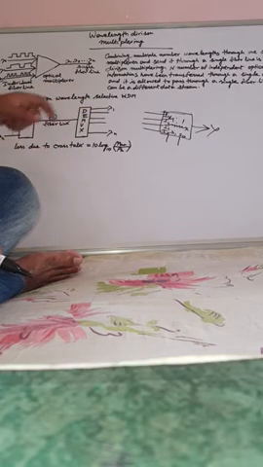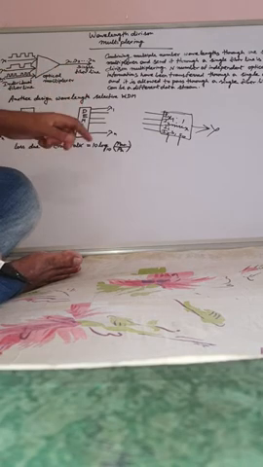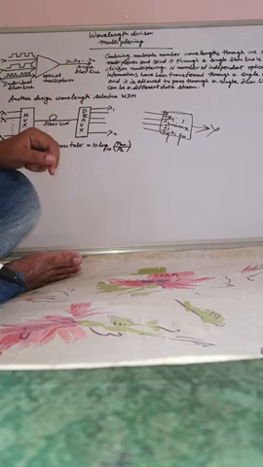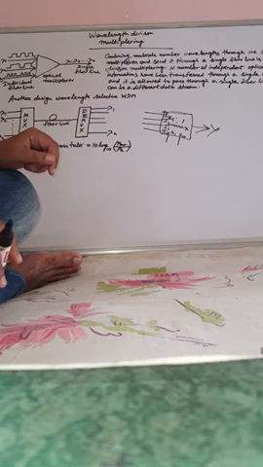And there is loss due to crosstalk while transmitting the data from mux to demux, given by 10 log10 of P in by P out. So this is your wavelength division multiplexing.